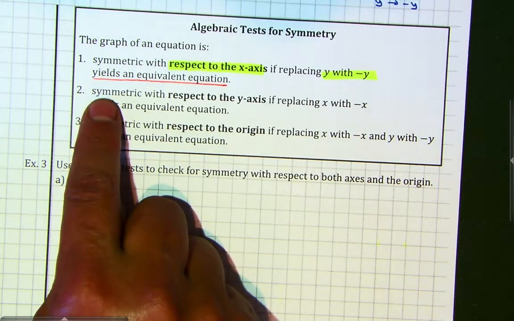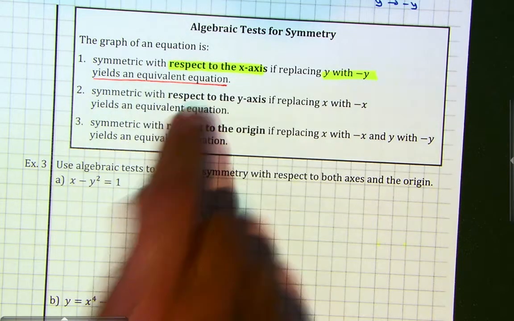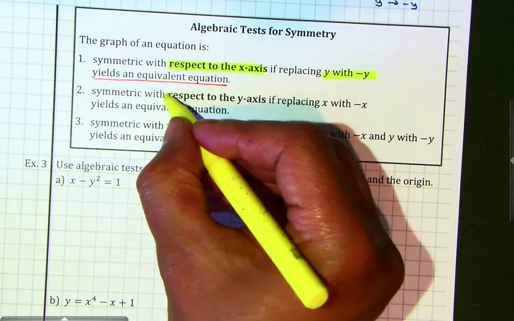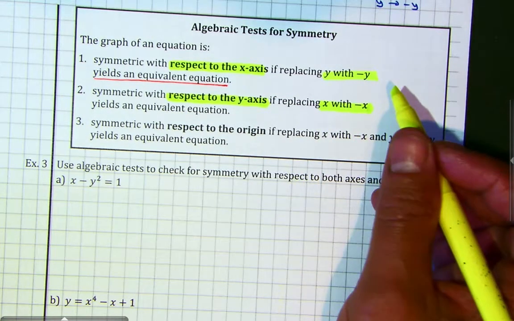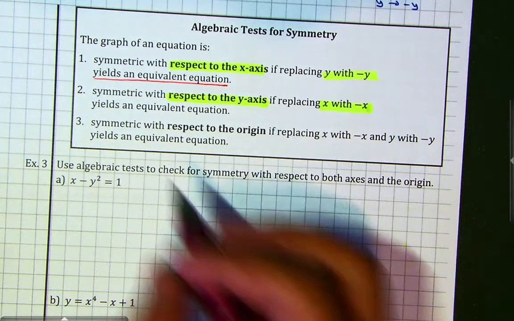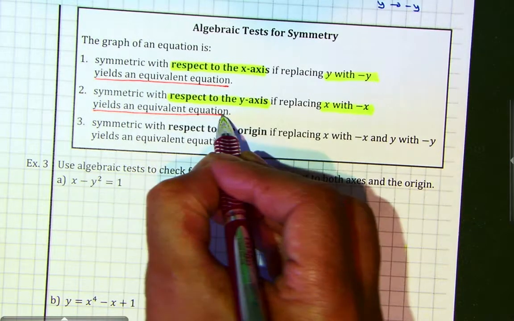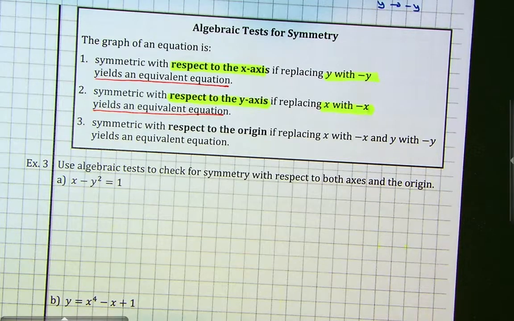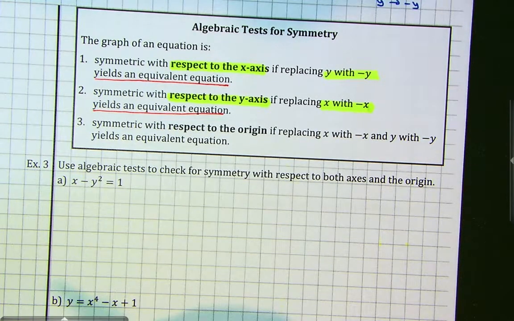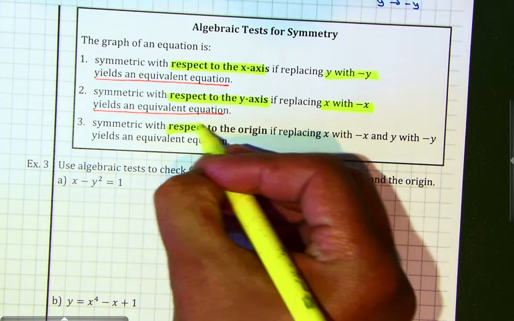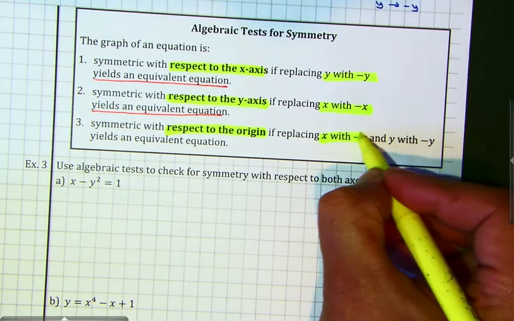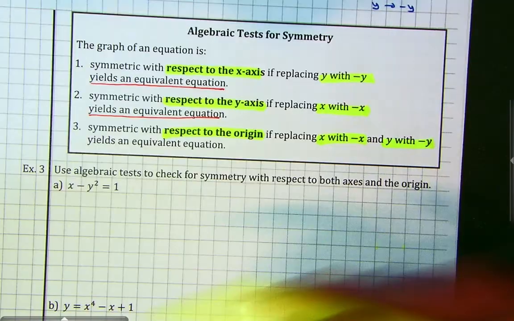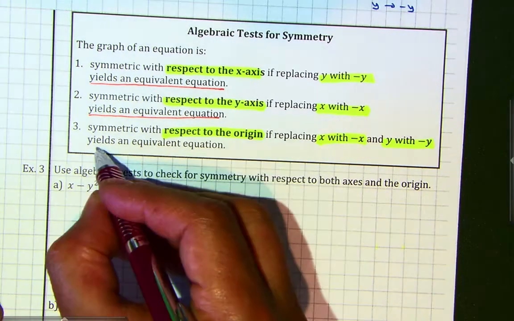A graph of an equation is symmetric with respect to the y-axis if replacing x with -x yields an equivalent equation. And if it's symmetric with respect to the origin, that means we replace x with -x and y with -y, and it yields an equivalent equation.